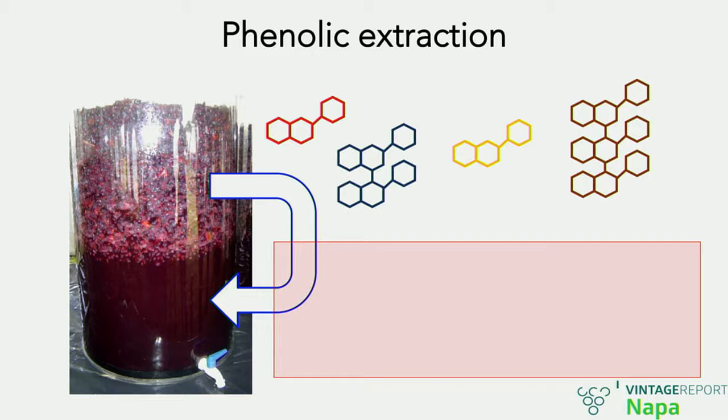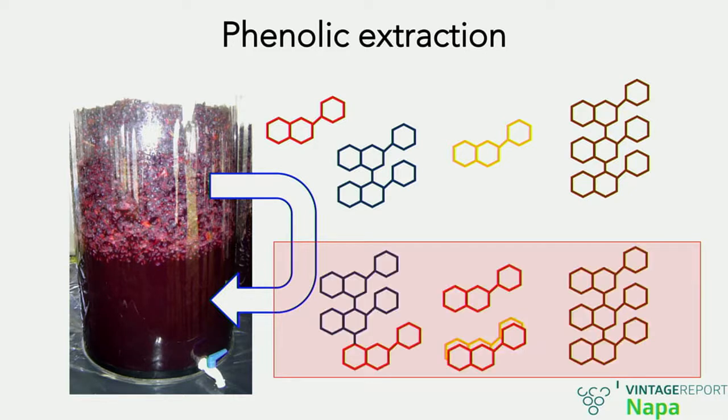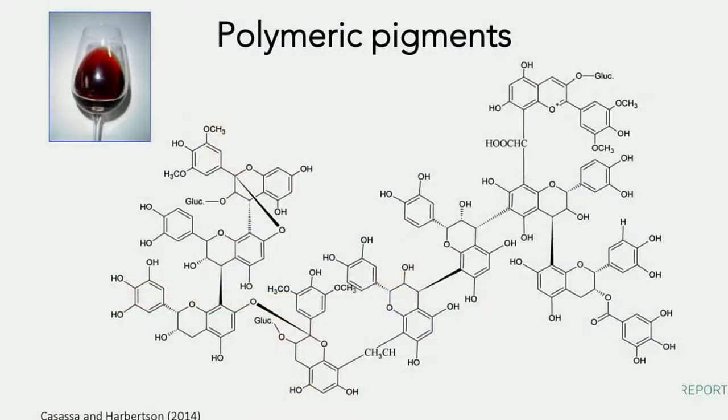Probably the most important compounds, an example of the fact that wine is a chemical train wreck, are the so-called polymeric pigments. Probably all of you have heard about these polymeric pigment compounds. And here is a polymeric pigment. Not that you need to know the structure, but the point here is that these polymeric pigments are mostly composed of tannins. They have anthocyanins, and therefore they have color.